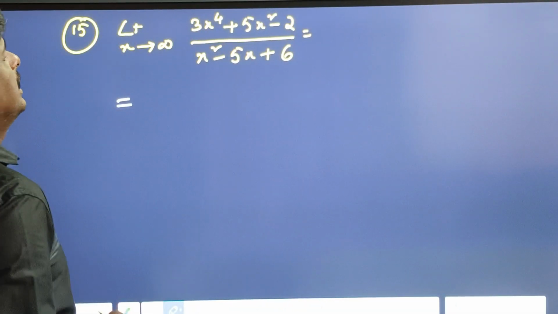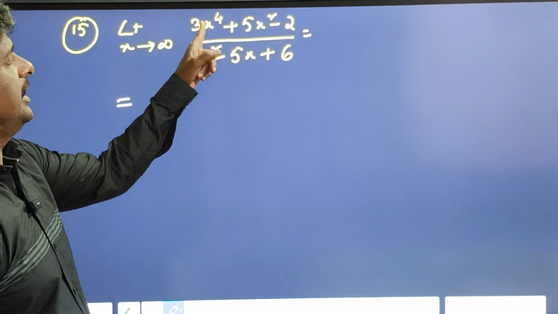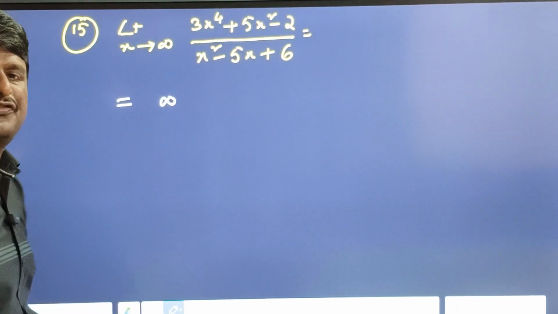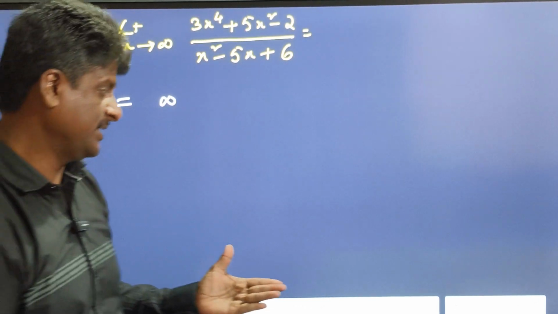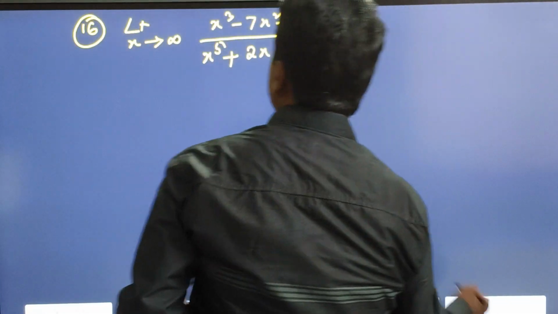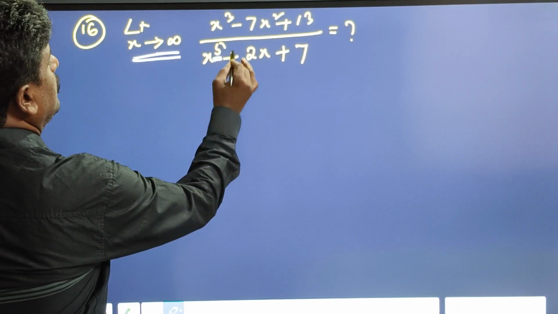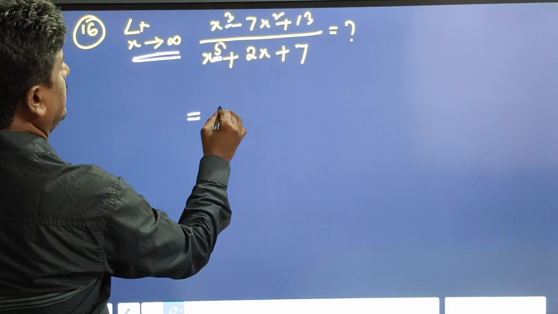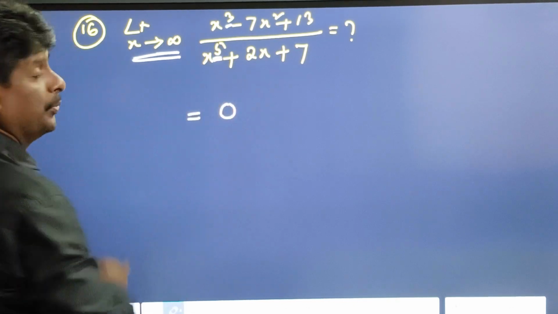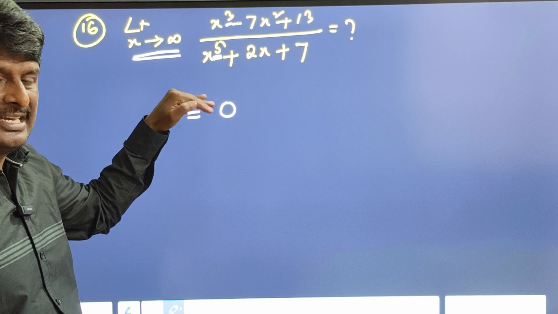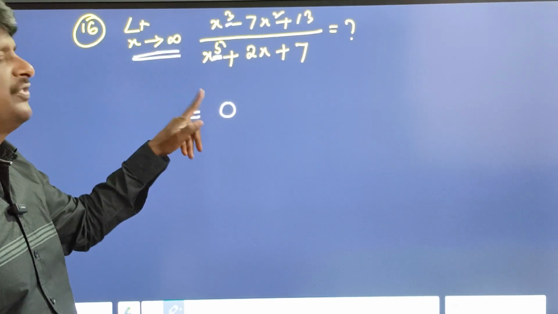Very simple. Limit as x tends to infinity, numerator degree greater than denominator degree, answer is infinity. We have discussed already. Limit as x tends to infinity, denominator degree greater than numerator degree, answer is 0. Why? Because some more x is left in the denominator, and something by infinity is 0.